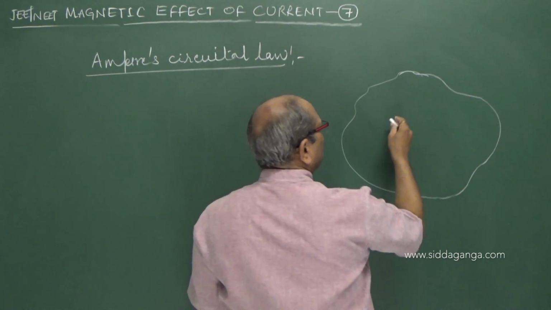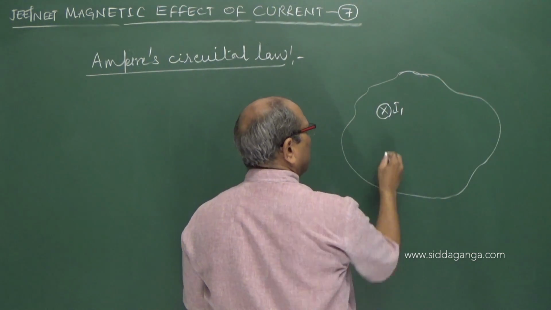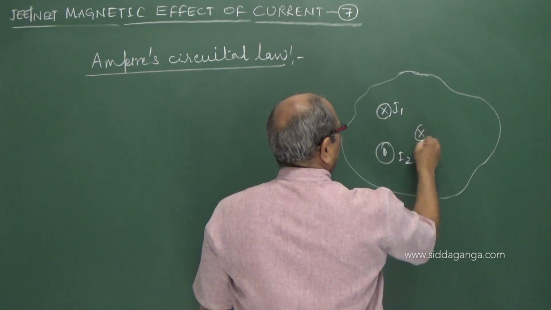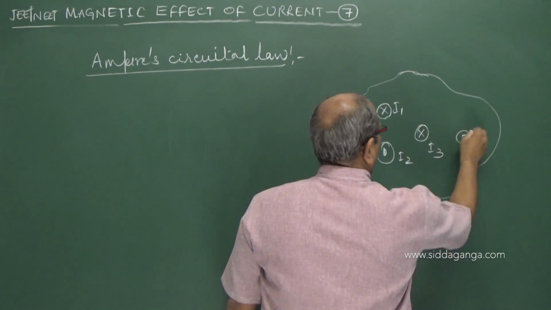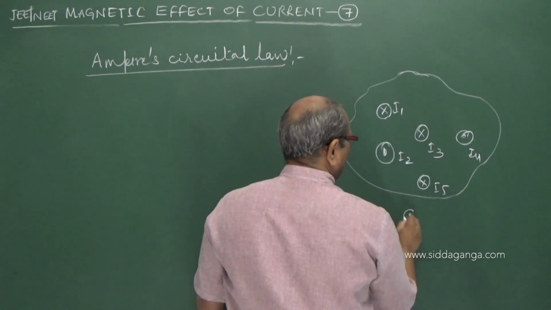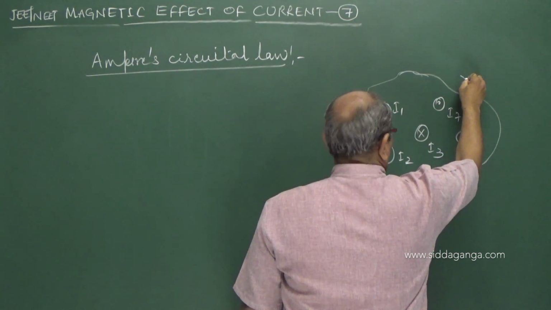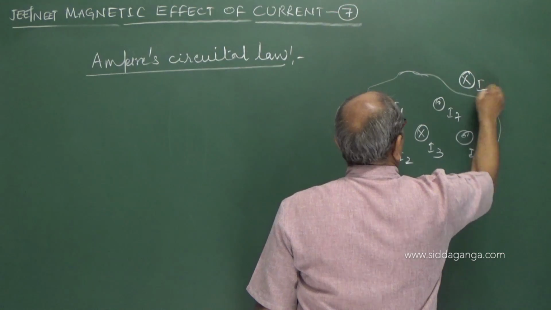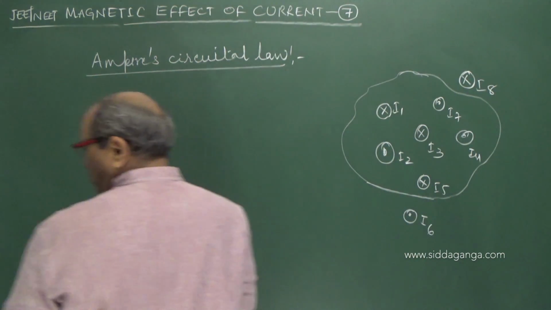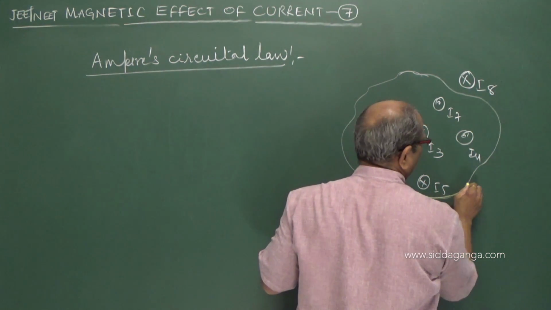In this loop, you can imagine currents which are into the board, maybe I1, another out of the board as I2, another I3, I4 and I5, another I6, I7 and I8, like that. This is a closed loop we have taken through which all these wires are meshed.